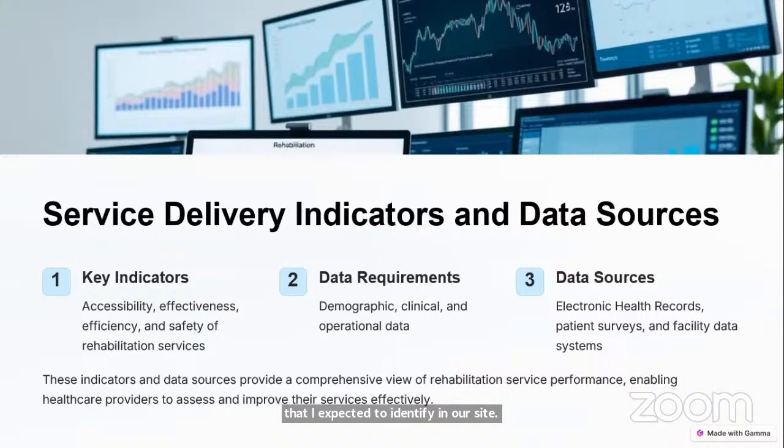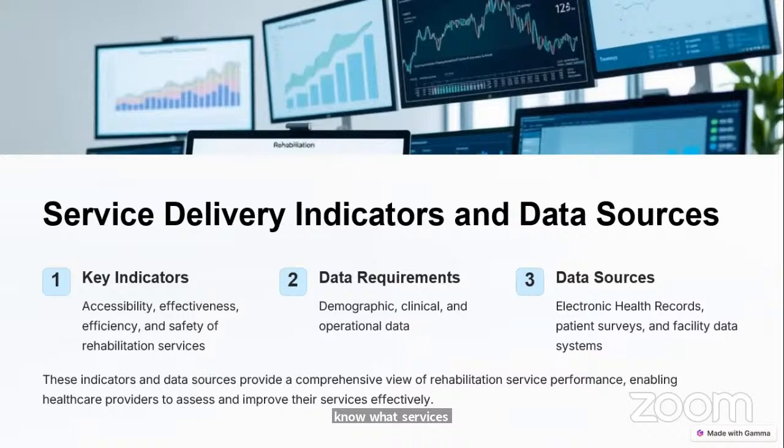Now, for the data requirement for keeping some of these things, basically not all, we look at the demographic data of our clients, right, that we deliver our services for. And this will help us know what services are demanded from us.